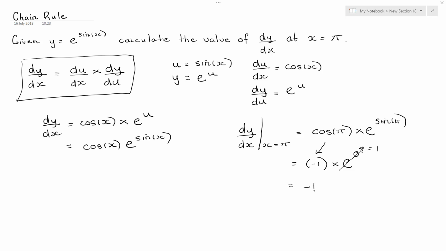So we have minus 1 times 1, which is just minus 1. So we can say that the function y is equal to e to the sine x, its derivative evaluated at x equals pi is equal to minus 1.